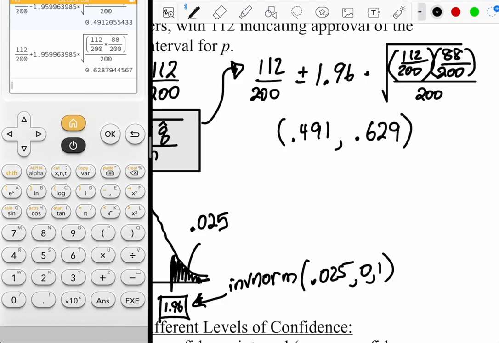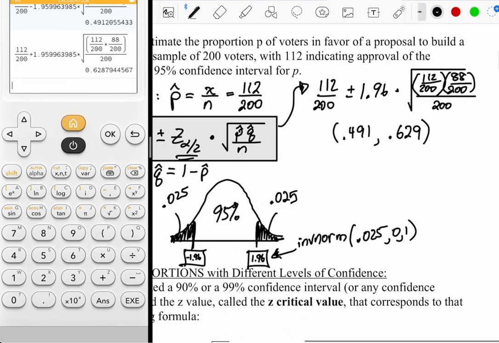All right. Now every confidence interval comes with a conclusion statement. Well, meaning you have to write the conclusion statement. And it's always structured the same way.